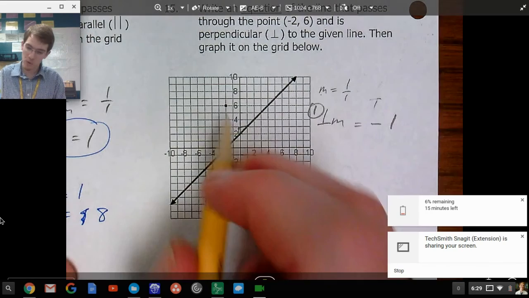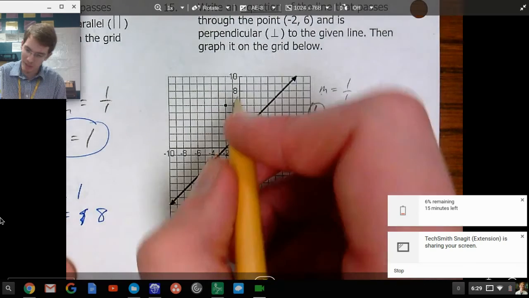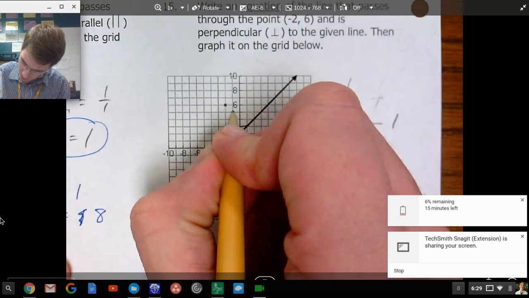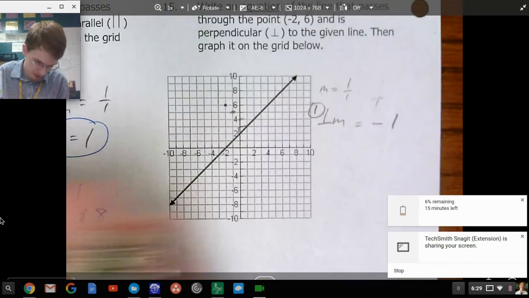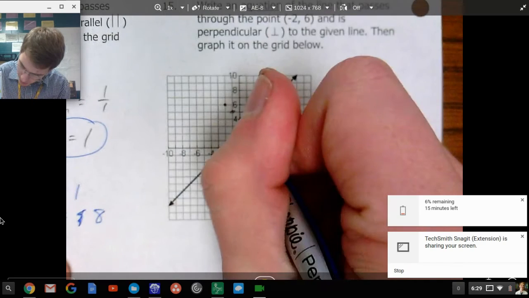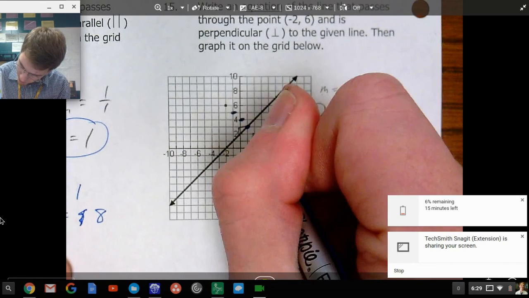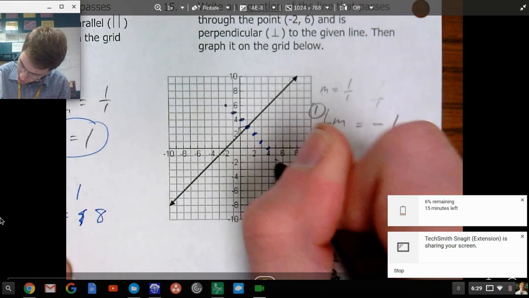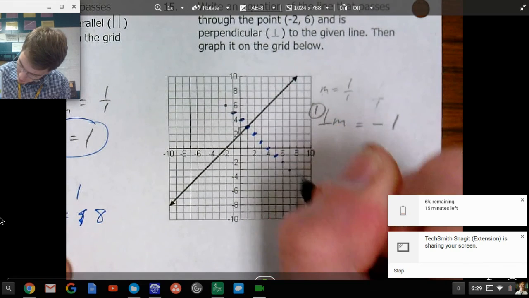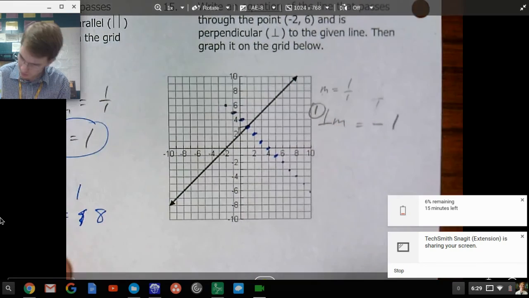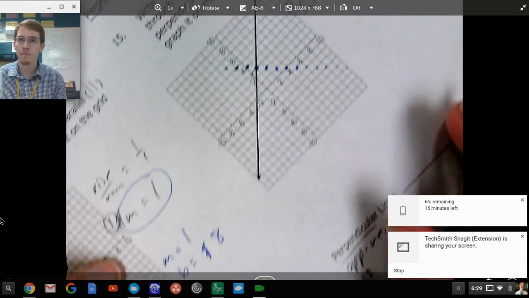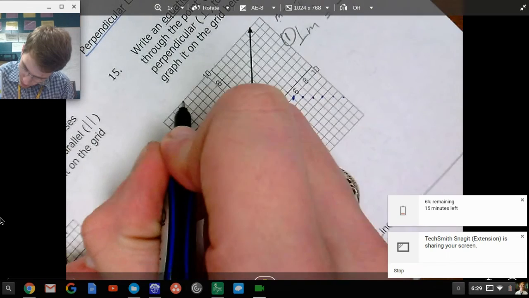If I start at that point, a negative slope is down 1 over 1. Down 1 over 1, down 1 over 1, and I get all these points right here. Those two will be perpendicular.